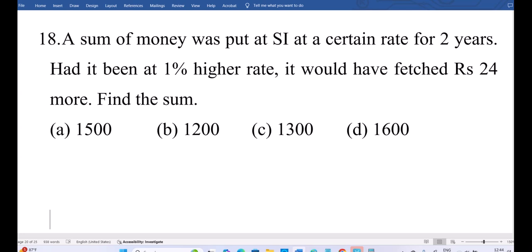1%. Rate of interest is always in what units? Percentage per annum. 1% increase for 1 year. How many years here? Two years. So 2% of principal is the extra interest. Why, sir?